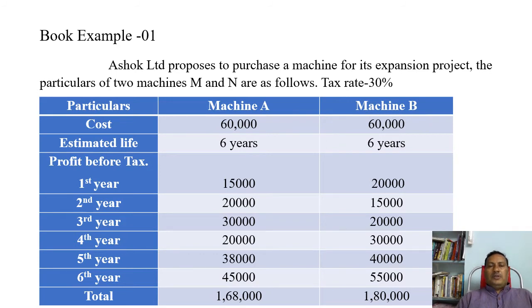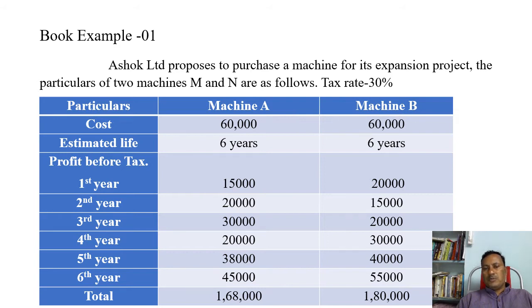Here is an example. Ashoka Limited proposes to purchase a machine for its expansion project. The particulars of two machines are given and it is in a tax bracket of 30%. Particulars: machine A, machine B. Cost is given as 60,000 each.